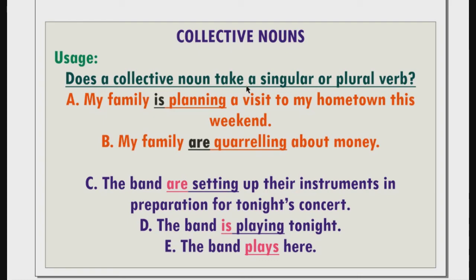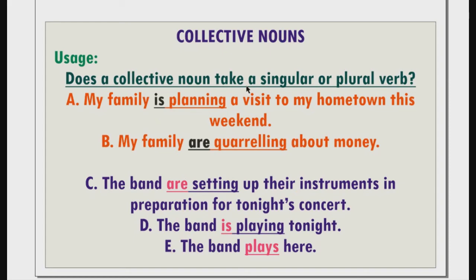If the action that the collective noun is carrying out shows that the members in the noun are acting as a unit and they are undivided, then we are right if we use a singular verb.